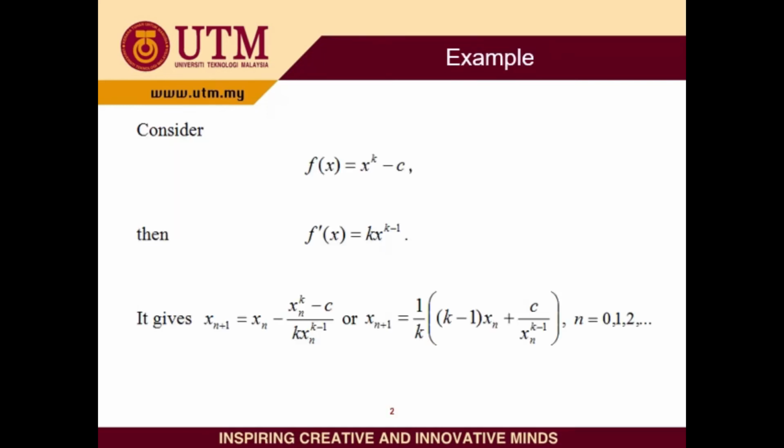Then you consider the f(x) and the f prime. I think you know how to change f(x) to f prime, so we give you this equation that can be simplified into this. I'll show you next how to use this in an example.